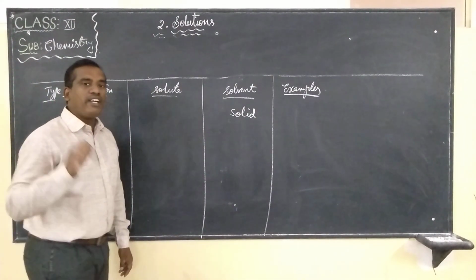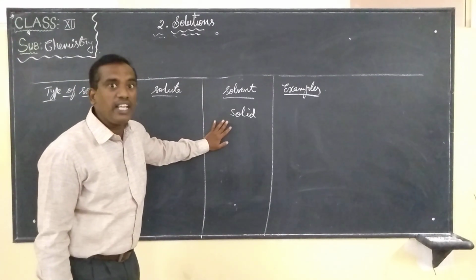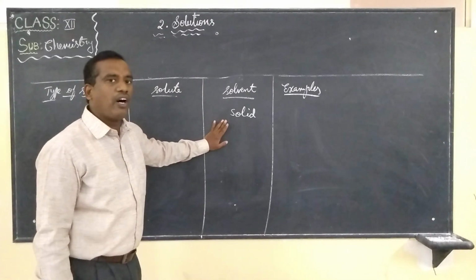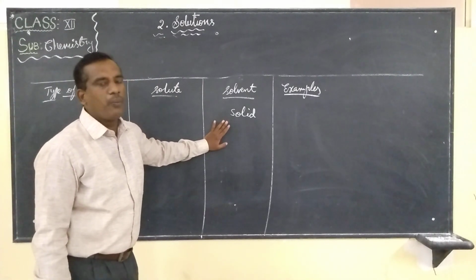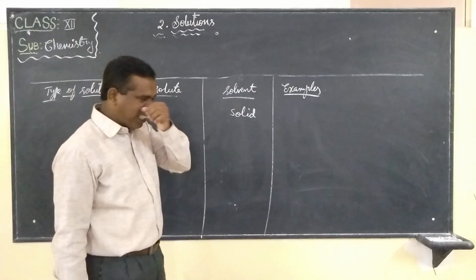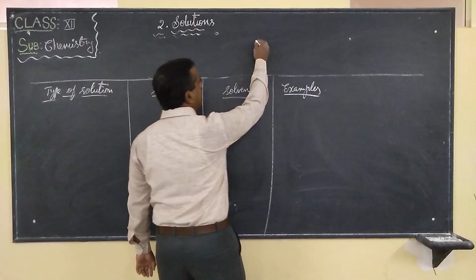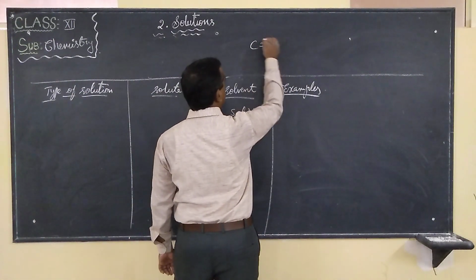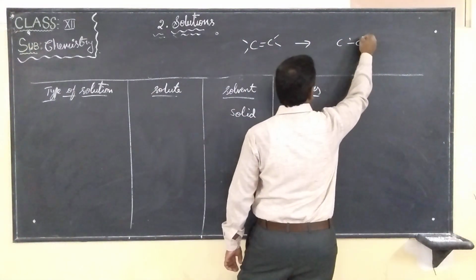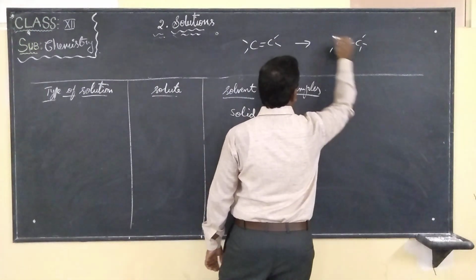Now the solvent is a solid. In our organic chemistry, we used reduction reactions. In the reduction reactions, alkenes need to be converted into alkanes.